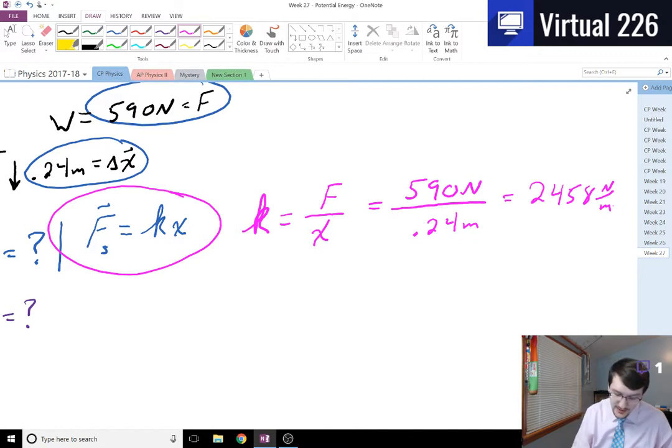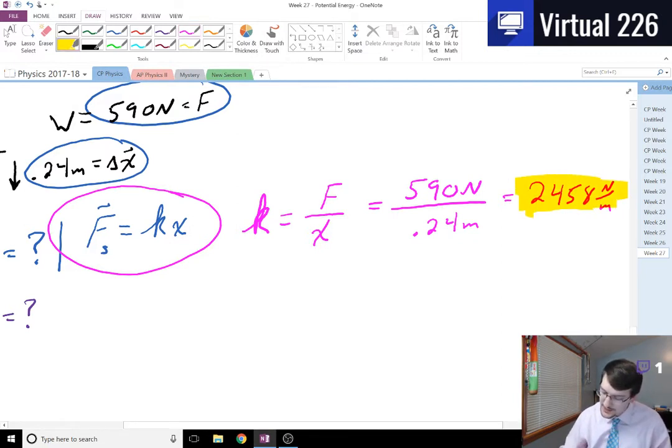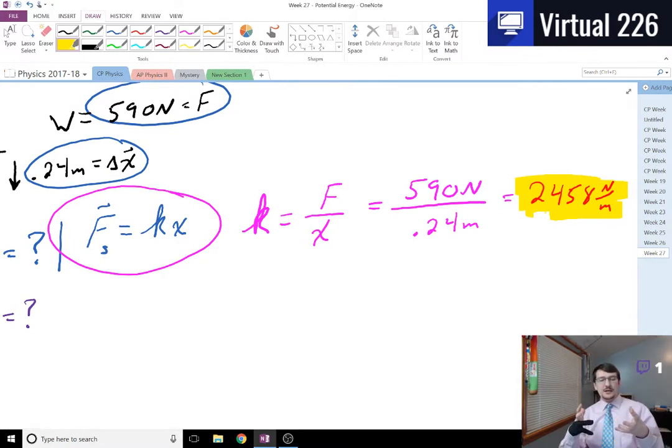That spring constant here, this 2,458 newtons per meter, that value is never going to change. Remember, a spring constant is intrinsic to the spring itself. It doesn't matter how far you stretch or compress it, it's just a property of the spring. The spring constant exists after that spring has been created. It is dependent on the material the spring has been made out of.